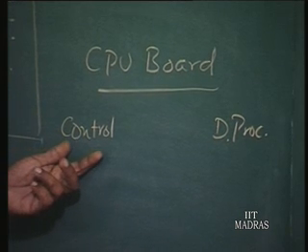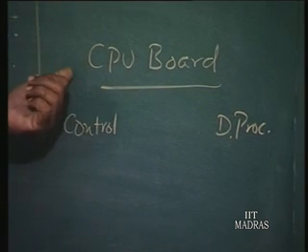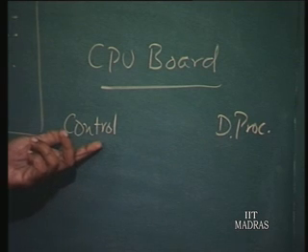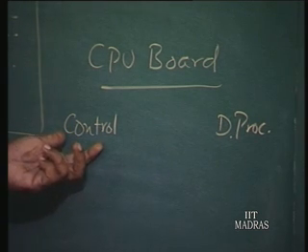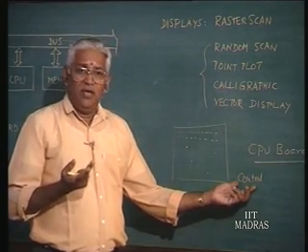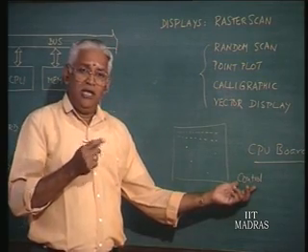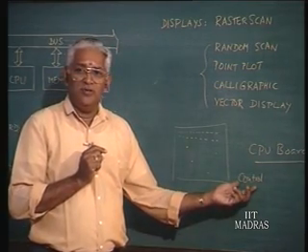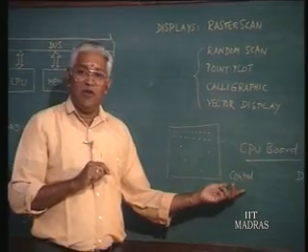Now, the system that is meant for control applications will have one type of CPU board. For instance, in control it may not always be just processing the data or carrying out some computation with reference to numbers. The input may also be coming in the form of analog signals. So, the CPU board will also have to deal with analog circuits.